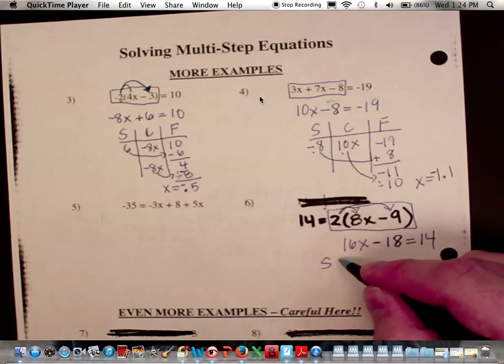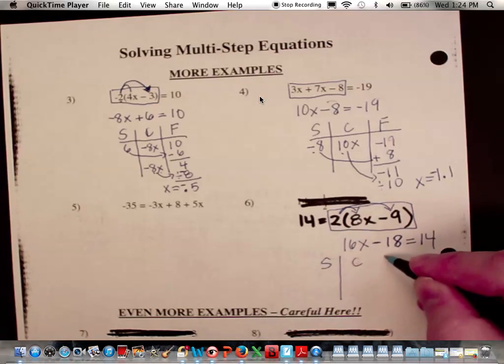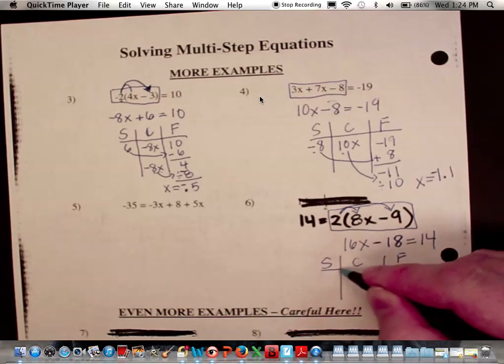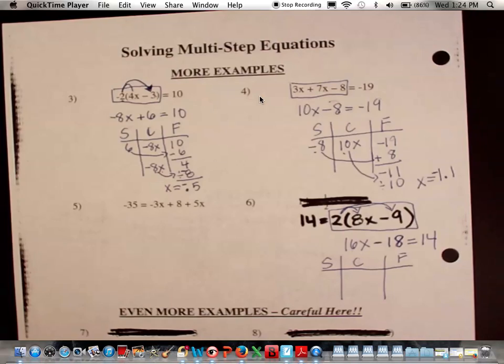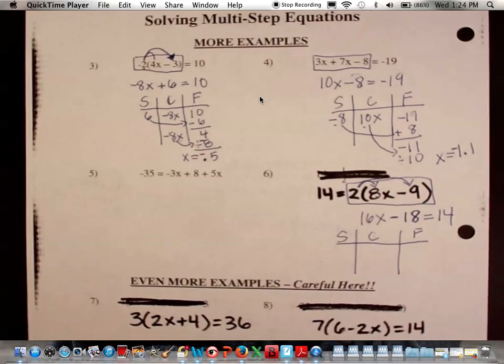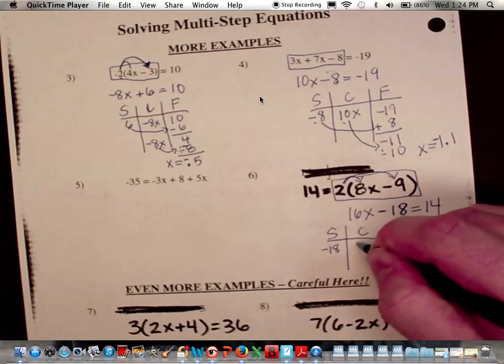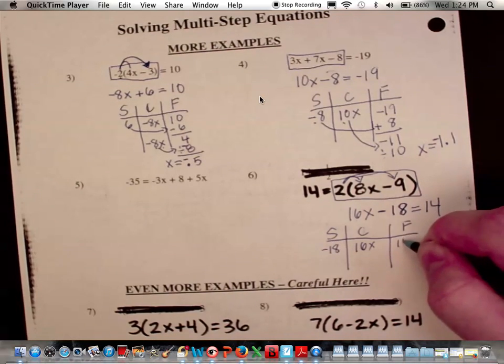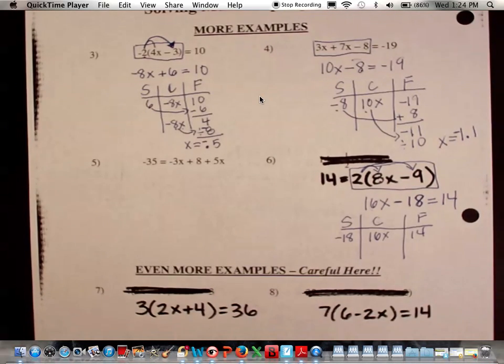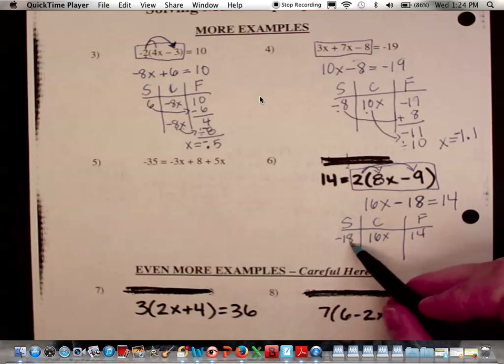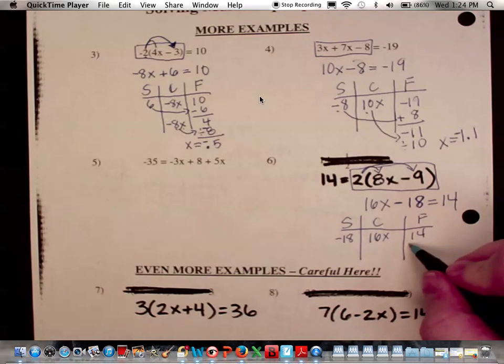And I can use my start, change, finish. I can solve this by doing my start is negative 18, 16x, 14. Alright? Need to add my 18 over. It's going to give me 32.